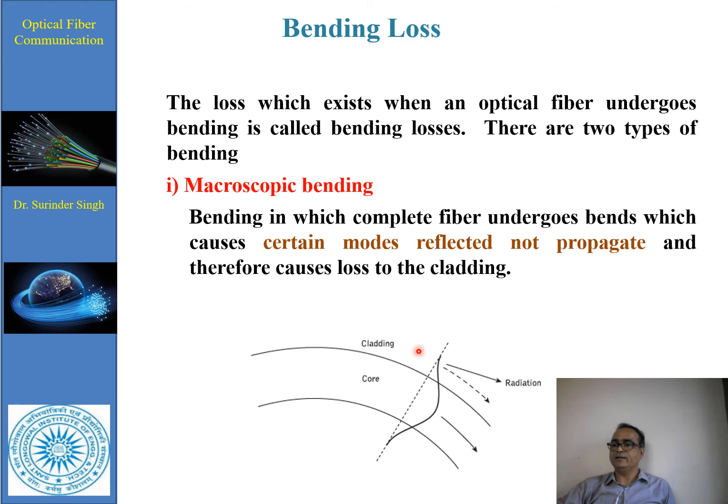The bend is made more and more, and the loss becomes quite large if we reduce that radius. So what happens?